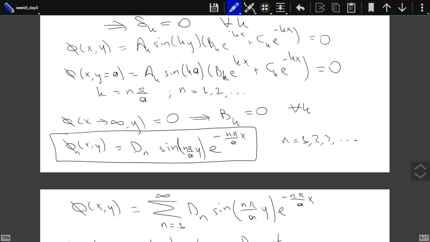If n is, let's say, 1.5, then okay, it still satisfies the Laplace equation, but it doesn't satisfy my boundary conditions. So I don't want that. I only want the integer values of n to satisfy my boundary conditions. So I can only sum my solutions, but my solutions are discrete.